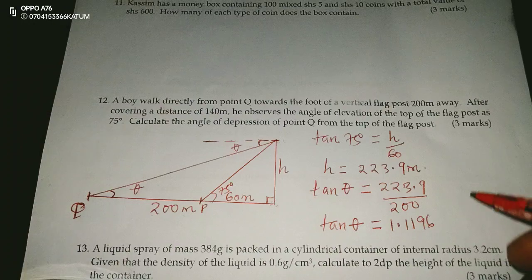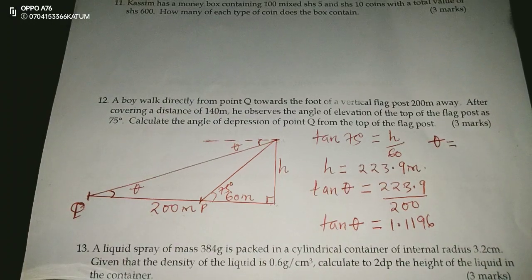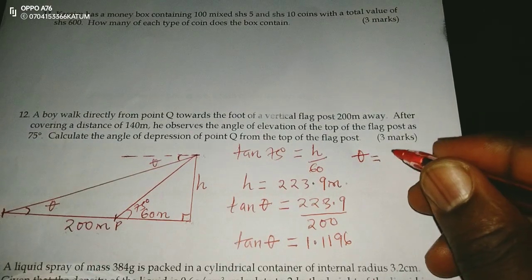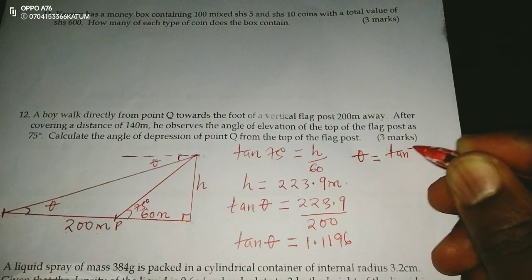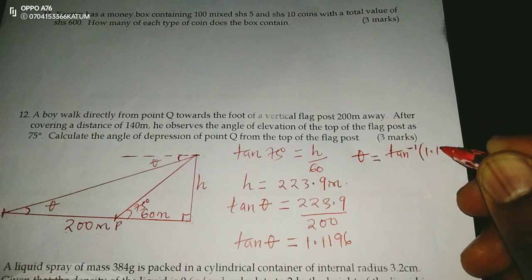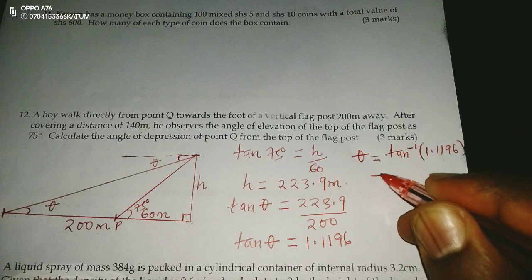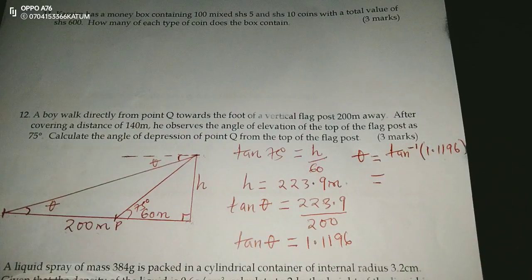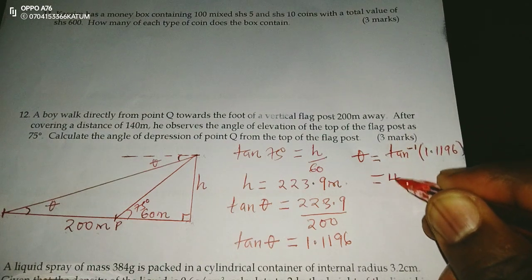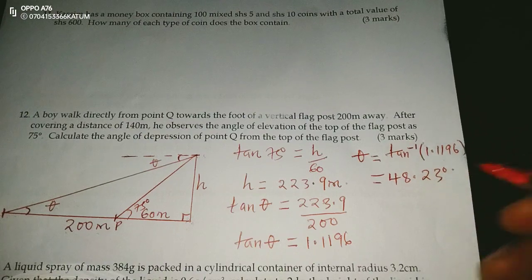That means we can get the value of theta by obtaining the tan inverse or shift tan of what we are having here, 1.1196. So we will have the angle theta as shift tan of this value, 48.23 degrees.